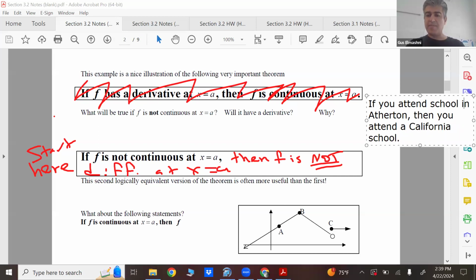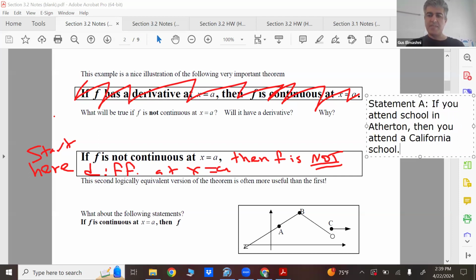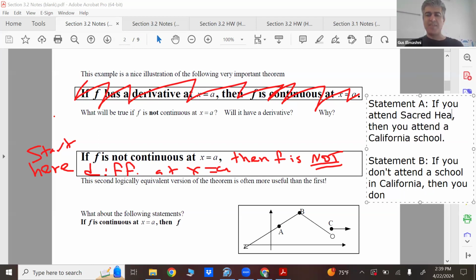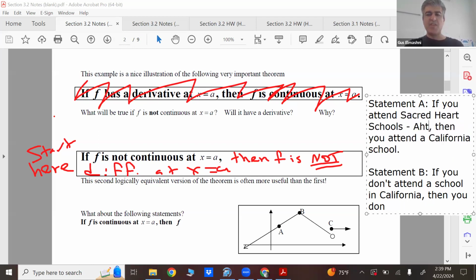I'll call it statement A. Okay, statement B. If you don't attend a school in California, then you don't attend school in Atherton. Actually, let me change that. If you attend Sacred Heart Schools, Atherton, because there are a lot of different Sacred Heart schools in the country, right? Okay, let me change that up.